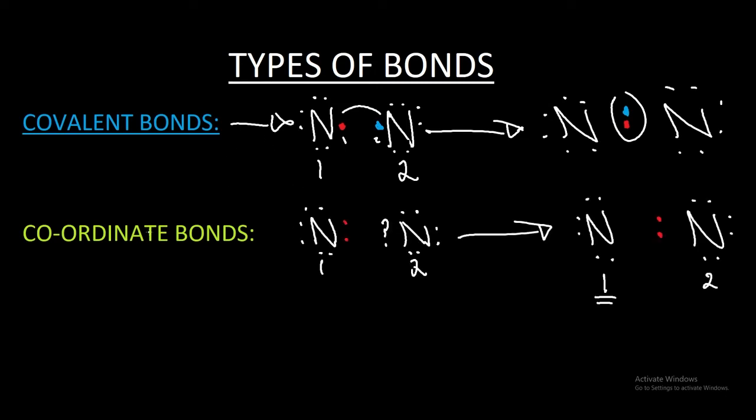Next, we have our coordinate bonds. This is when one of the nonmetals is giving both of the electrons to the other one, so that they could both have a full valence electron shell. It's essentially like working in a group project, right? You're partnered with one of your friends, and he doesn't want to do any of the work, but he's still your friend, so you both want to get good marks.